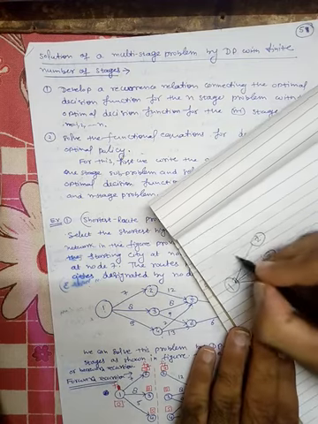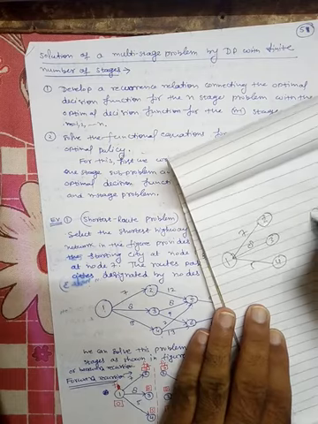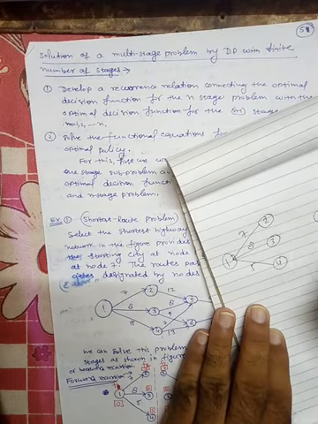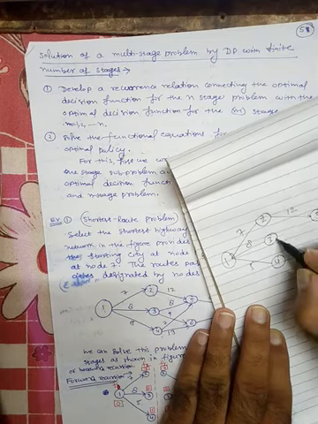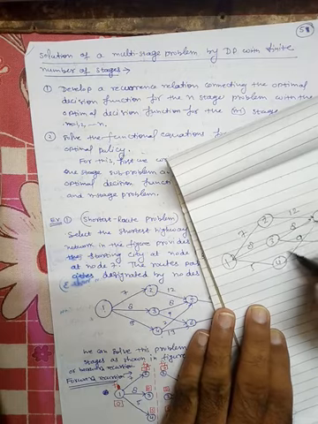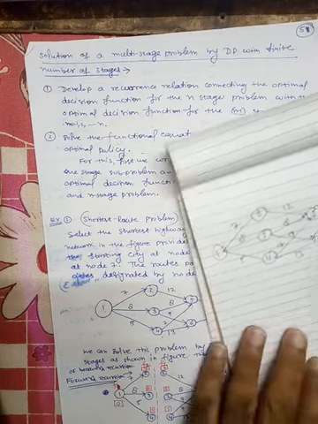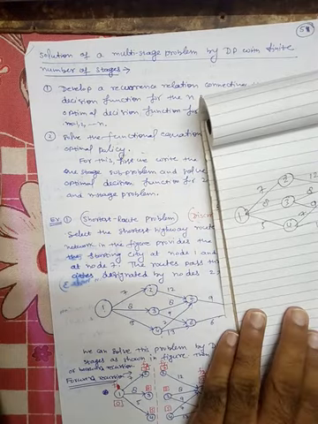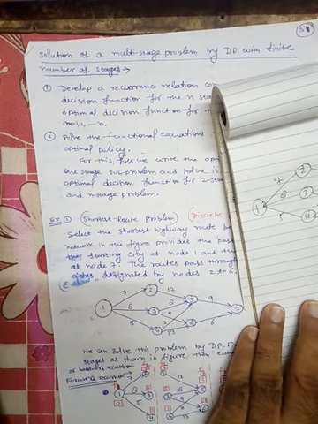Here we have 1, this is 7, this is 8, this is 5. Then here we have 5, this is 6, this is 12, this is 8, this is 9, this is 7, this is 13. And then we have node number 7, 9 and 6.